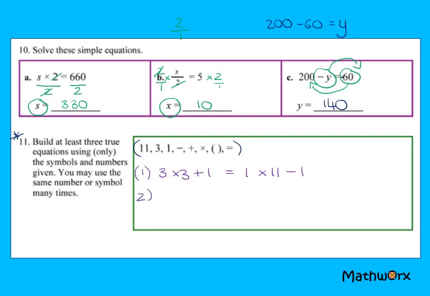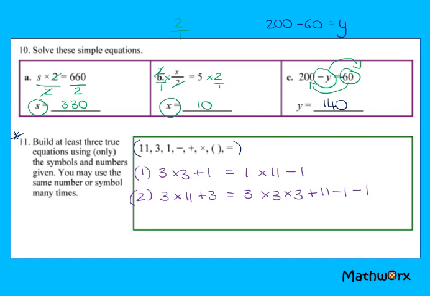And I want you at home to check if these are correct as well, so that you can understand why I'm doing this. Okay, and if we look at my number 2, we're going to have 3 times 11 plus 3 equals 3 times 3 times 3 plus 11 minus 1 minus 1. And you'll see when you do this why it makes sense.